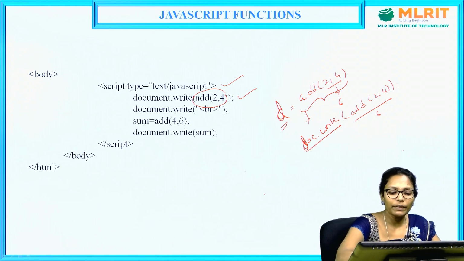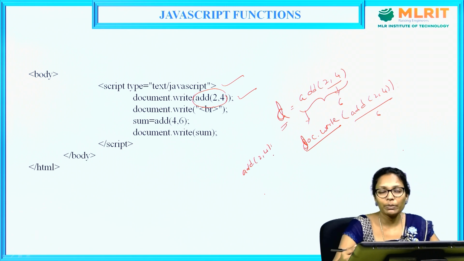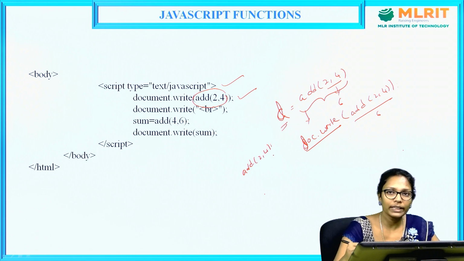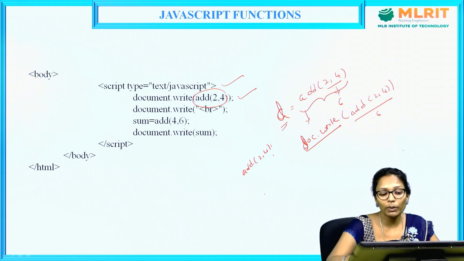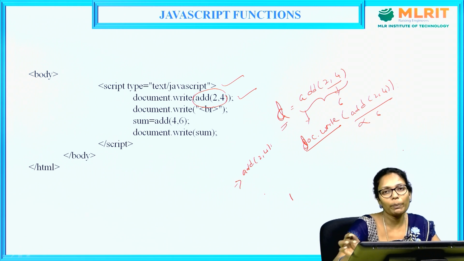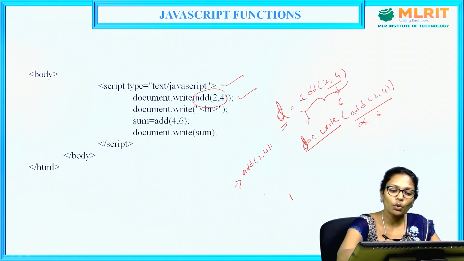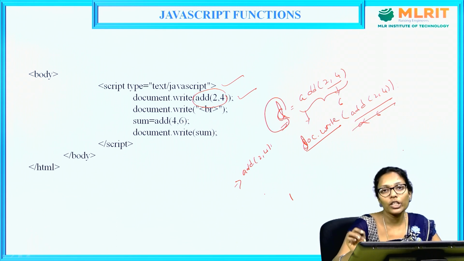For example, if I simply write add of 2, 4, nothing will happen. That means it will calculate the value 6, it will return. The function will return the value, but you are not storing or printing it. So whenever the function is returning something, you should hold that value, or you should at least print that value.